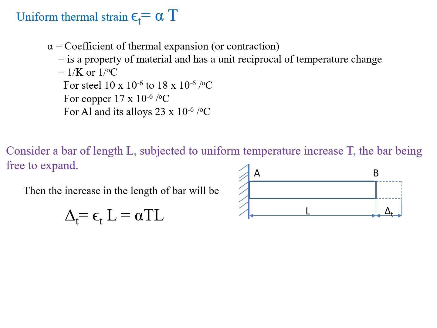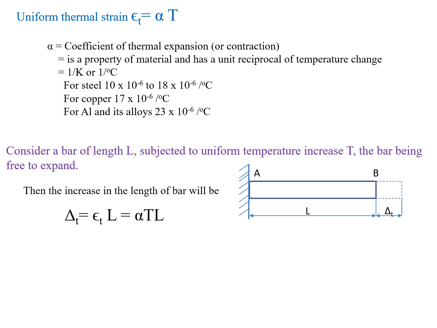We know that the deformation or change in length, delta, is equal to the original length into the strain. The same thing here also: the deformation due to the temperature change, delta T, is equal to the original length into the thermal strain.